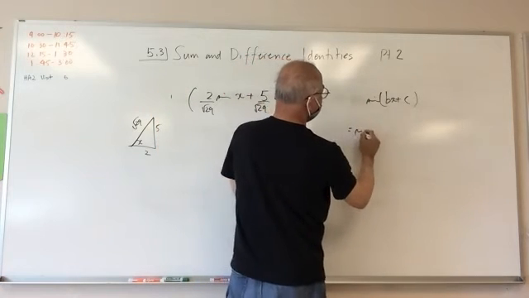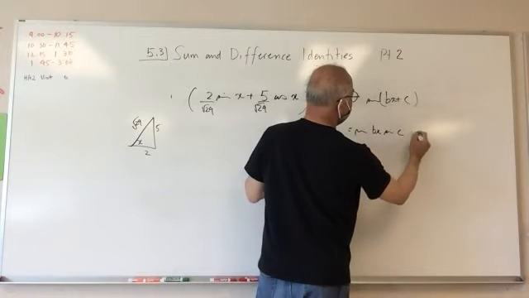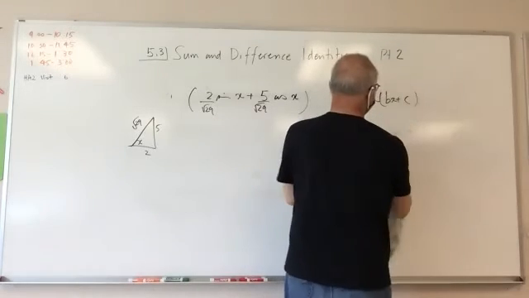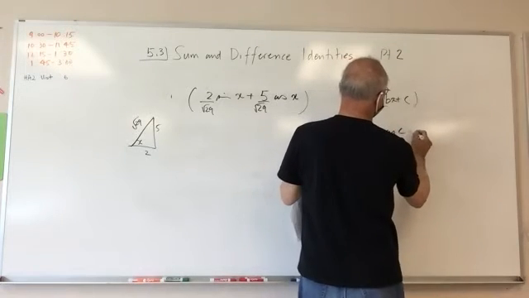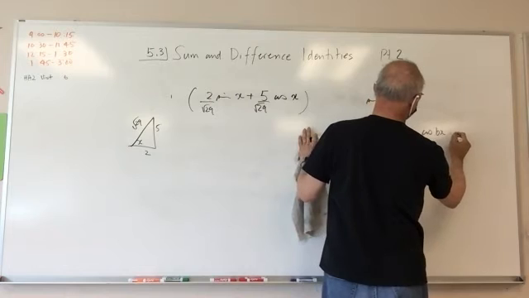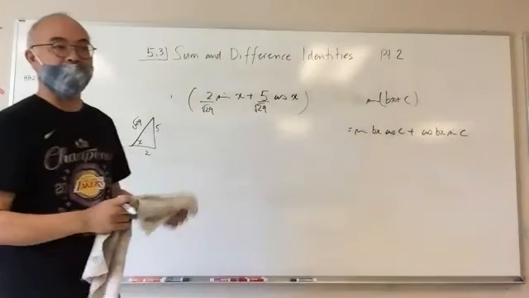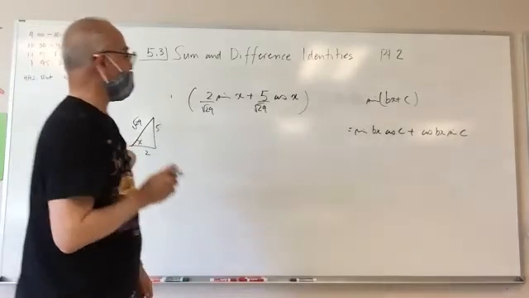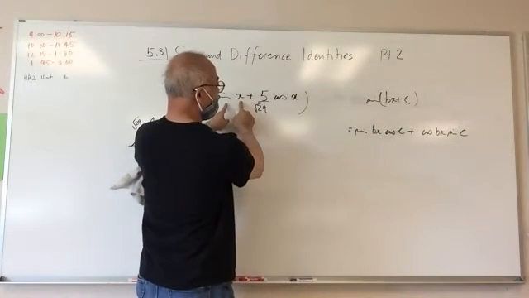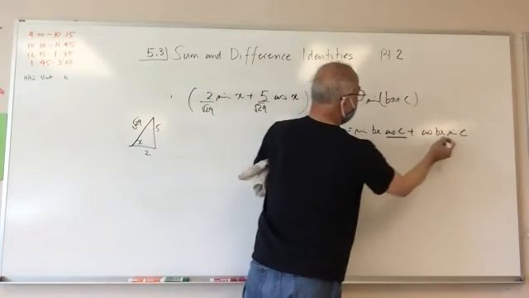It's going to be sine bx cosine c plus cosine bx sine c. So I'm trying to force this into here. This is just a number, and this is just a number.